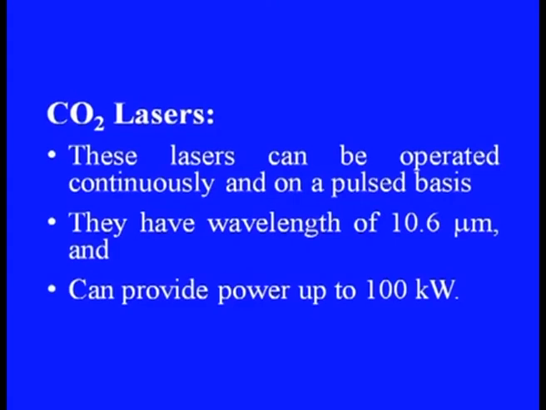Thus, they have wider application in case of continuous mode or pulse mode. They have a wavelength of 10.6 micrometer and can provide power up to 100 kilowatt. That is why they are preferred in most industrial applications where high power is required.